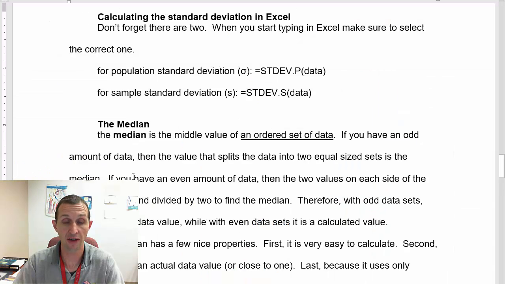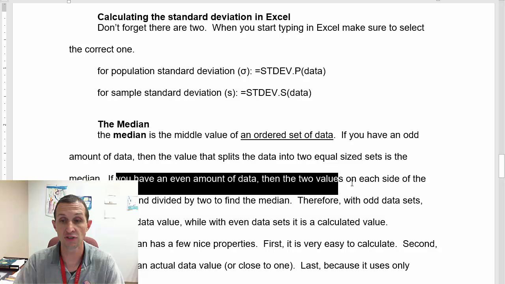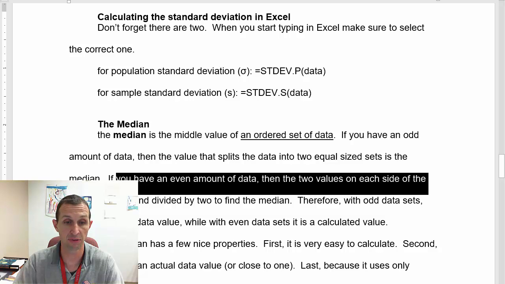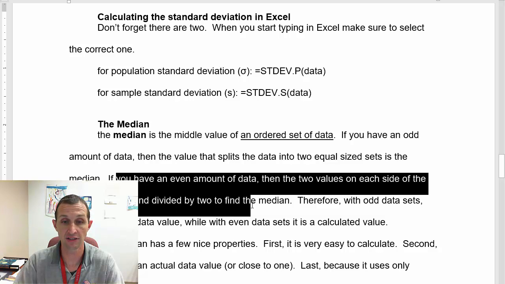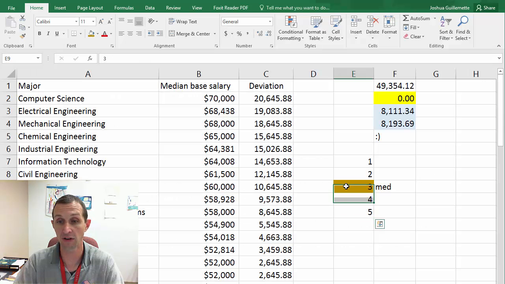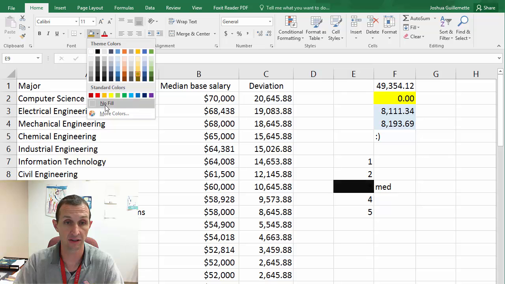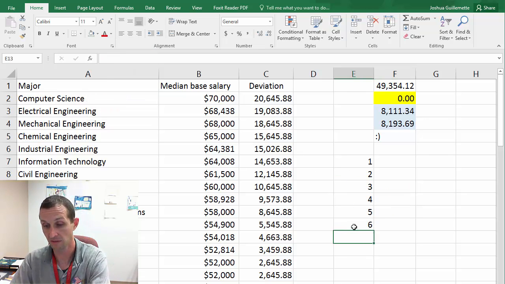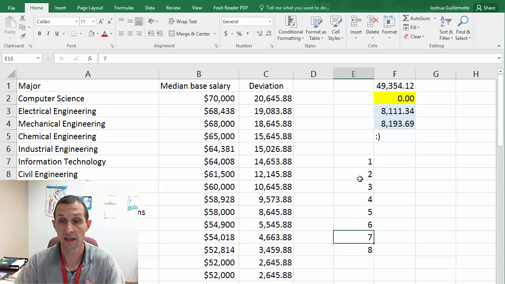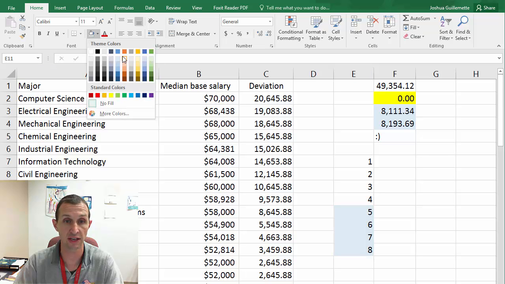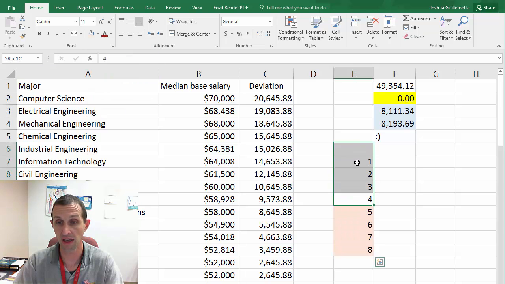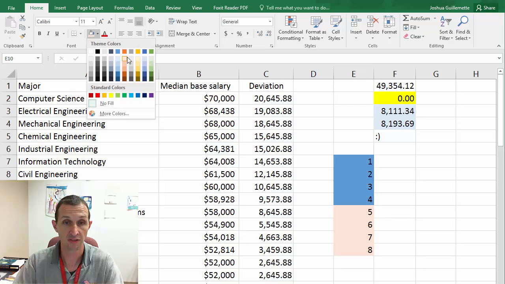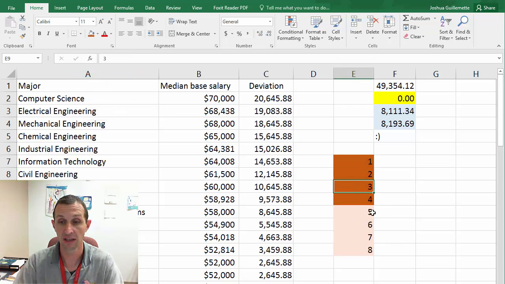Now, if you have an even amount of data, then the two values on each side of the split get added and divided by 2 to find the median. So going back over here, I'm going to erase that fill, right? If I make this, right, this is an even number of values. Well, this 5 through 7 right here, this is one split, and the 1 through 4, that is a different split.